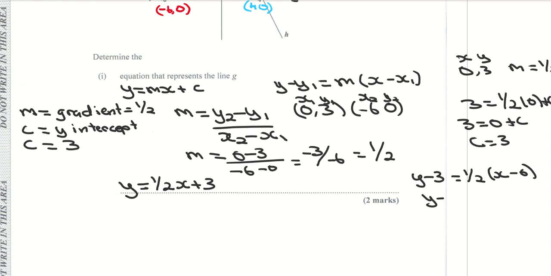So that's y minus 3 is equals to half x minus 0. You carry across minus 3 because you want it in the form y is equal to mx plus c. So y is equals to half x plus 3. So that would be my equation of my line. Those are the two ways in which you can find the equation of the line.